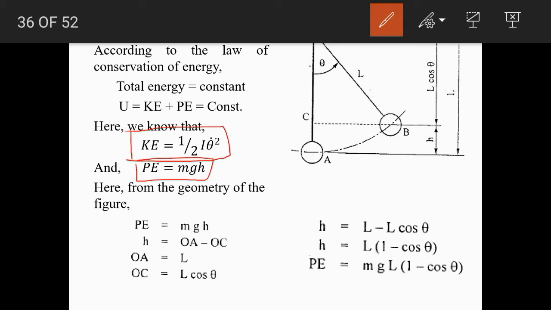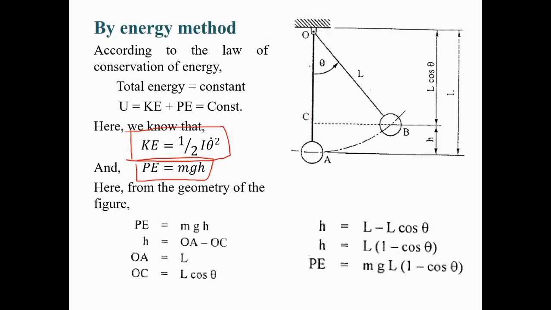So gravitational potential energy could be given by m g into h. Now as the system is displaced from its mean position through theta angle, this mass m also gains some height. Okay, so due to this elevation of height, the energy is stored in the form of potential energy.